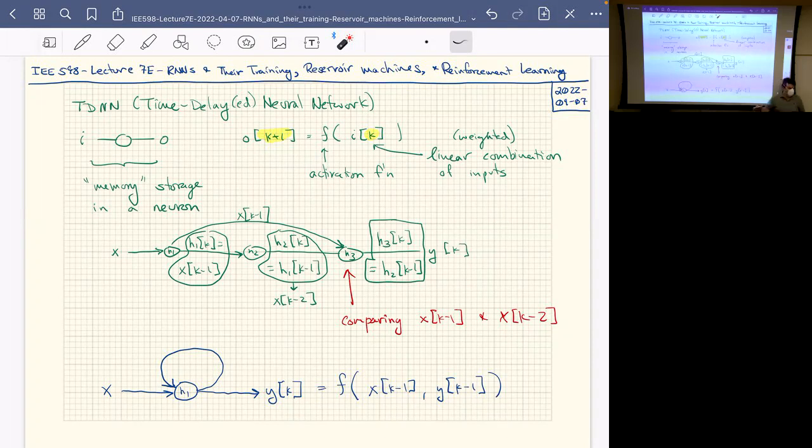So recurrency, being able to pass neurons back to either themselves or to neurons that are upstream of them so that they eventually come back to themselves, allows us to search for patterns that are much wider in time using fewer neurons.